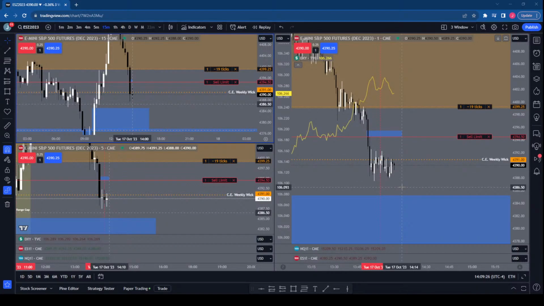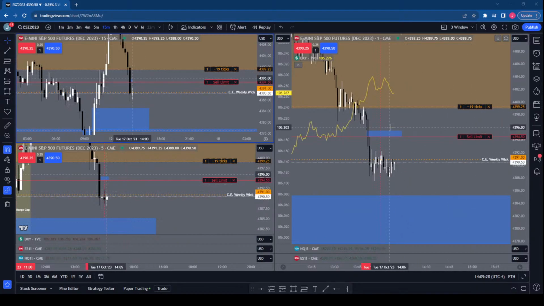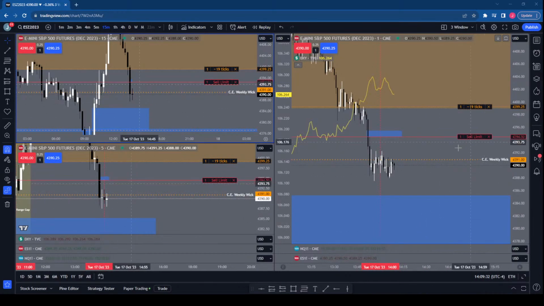If we came down and tapped into that blue area prior to hitting this limit order, I'd cancel the limit order.